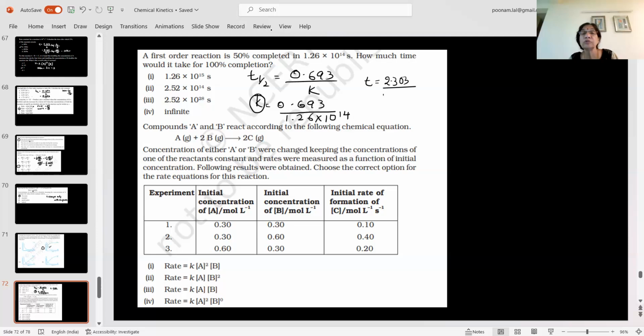So this comes to 5.5 into 10 raised to minus 15.